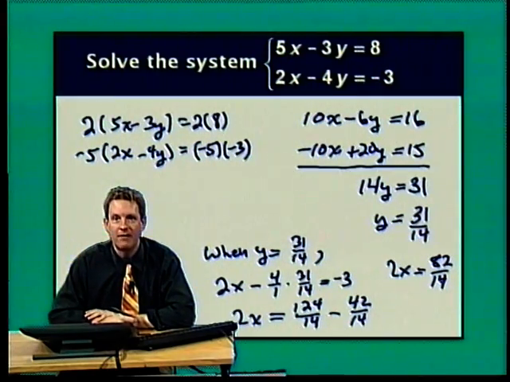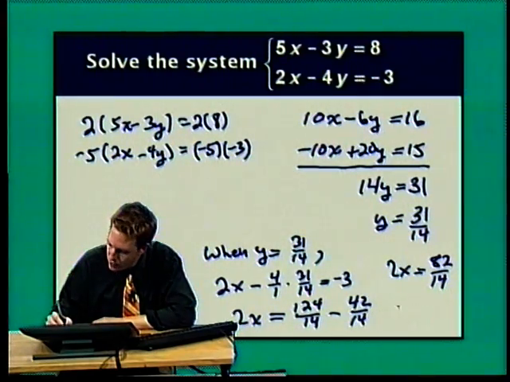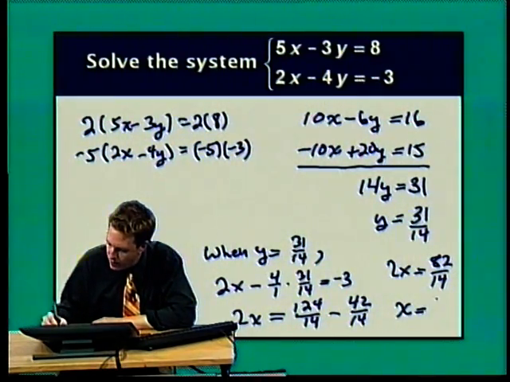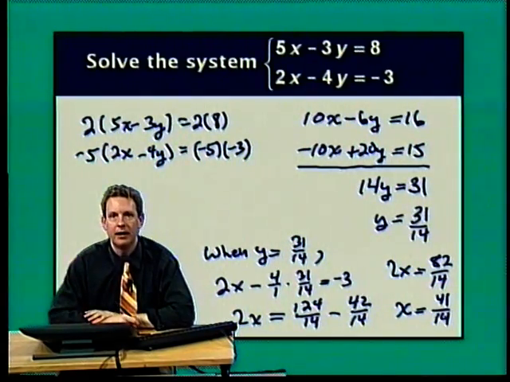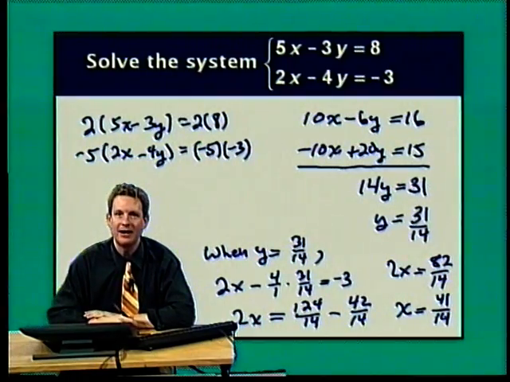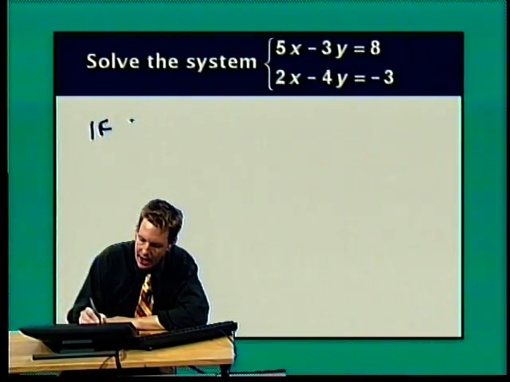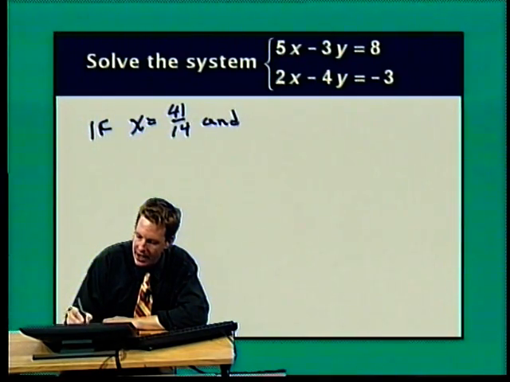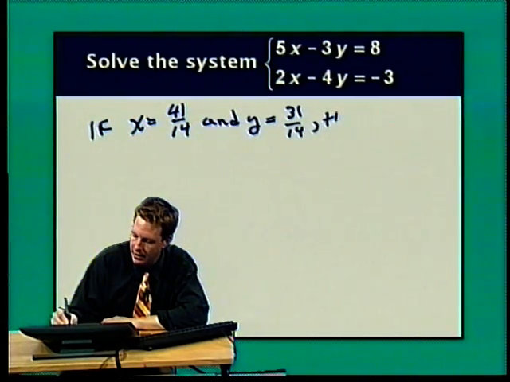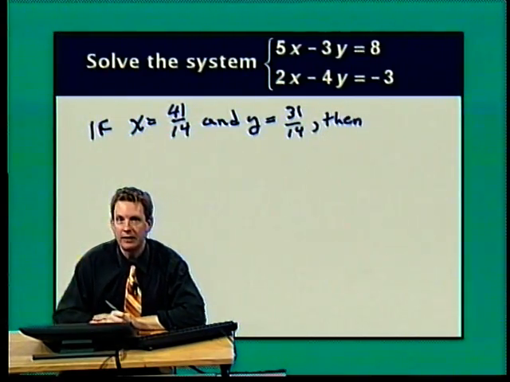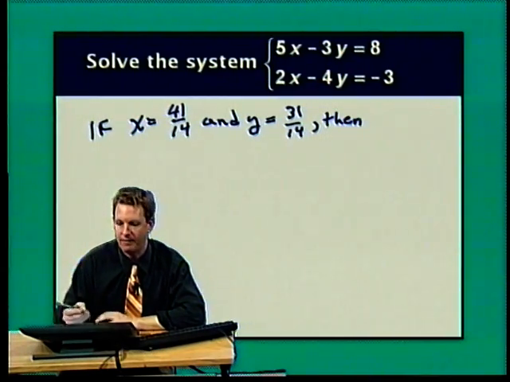82/14. And dividing both sides of the equation by 2, I have 82/2 is 41 in the numerator and 14 in the denominator. Let's go ahead and check this solution. If x is 41/14 and y is 31/14, then let's see what the left side of the first equation simplifies to.